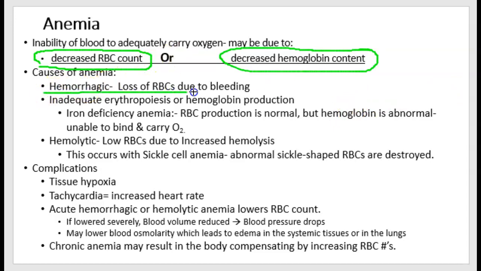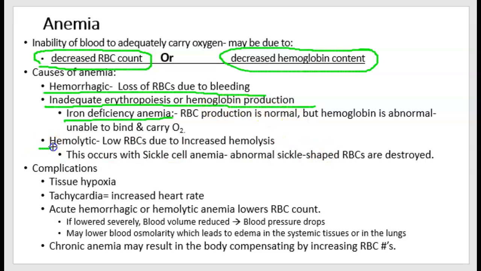Well, it could be due to hemorrhage, so you lose blood. It could be due to the fact that you're not making adequate red blood cells or adequate hemoglobin, so oxygen isn't being delivered. This is where iron deficiency anemia would be placed, in inadequate hemoglobin production.